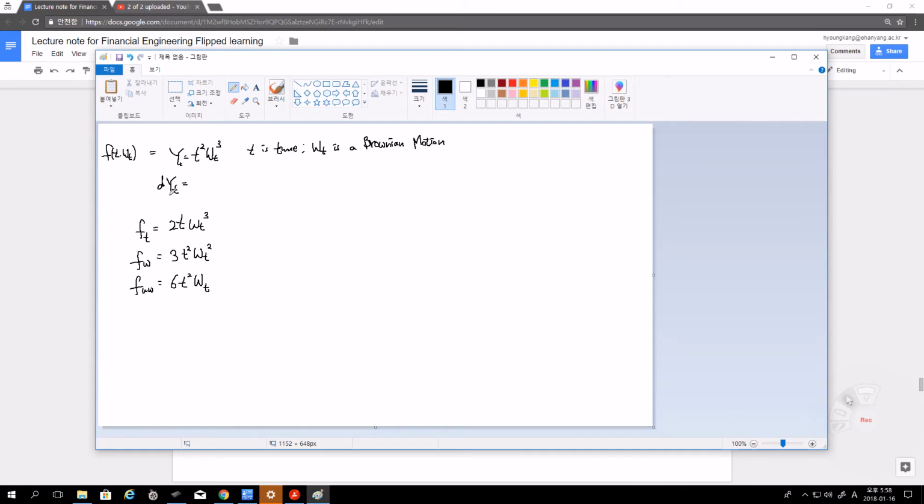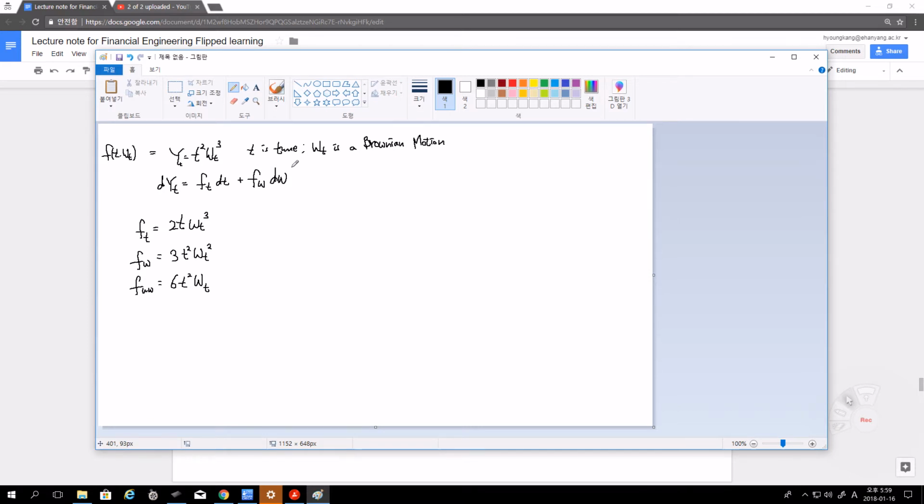So now we can do the Taylor series expansion. The change of Y: first we have to consider the change of time, then we have the change of Brownian motion.